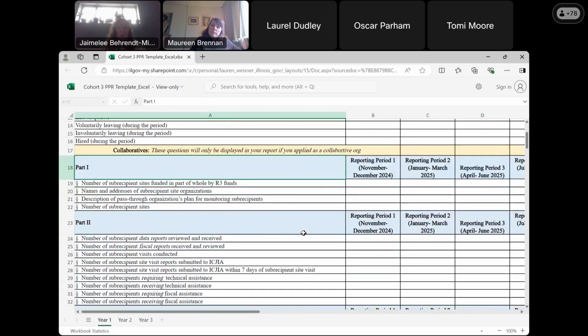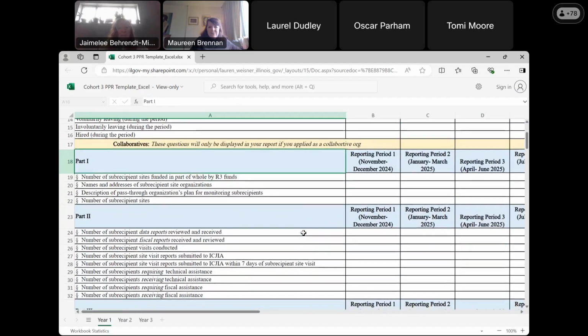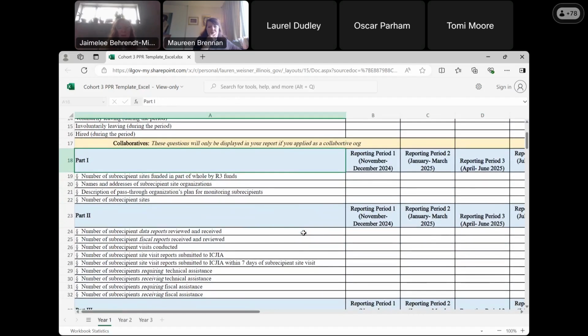If you are a collaborative organization, then you're going to receive some extra questions, because you're doing a little bit of extra work. With these collaborative questions, we want to know how many subrecipient sites have been funded. What are the names and the addresses of those sites? What's the description of the pass-through plan for monitoring these subrecipients?